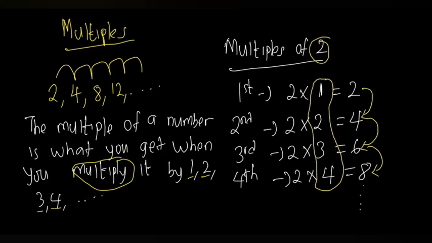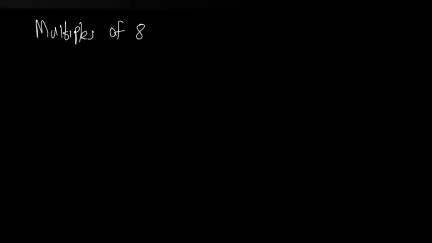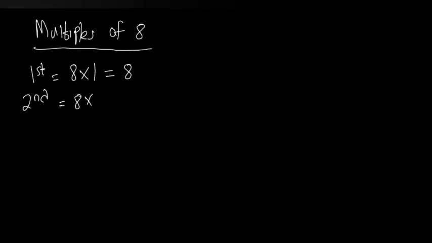Let's try another question. So the multiples of 8. So the first multiple will give us 8 times 1, which is 8. The second will give me 8 times 2, which is what? 16.